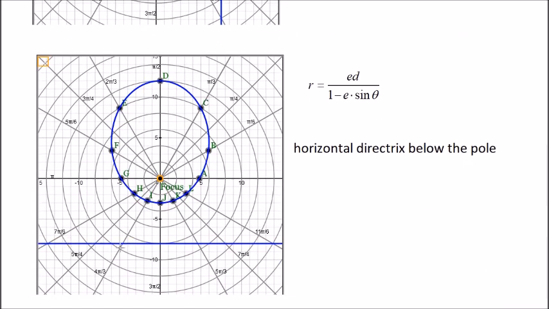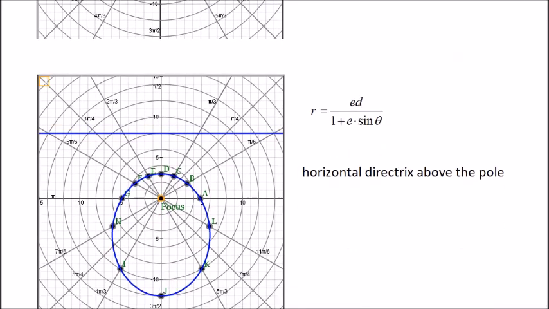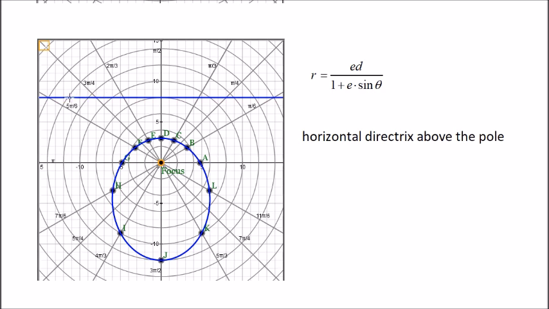If we have a horizontal directrix below the pole, then the corresponding polar equation will be R equal to ED divided by 1 minus E sine of theta. If we have a horizontal directrix above the pole, then the corresponding polar equation will be R equal to ED divided by 1 plus E sine of theta.